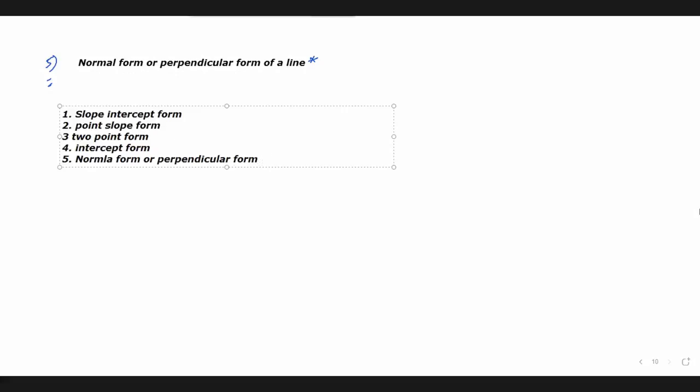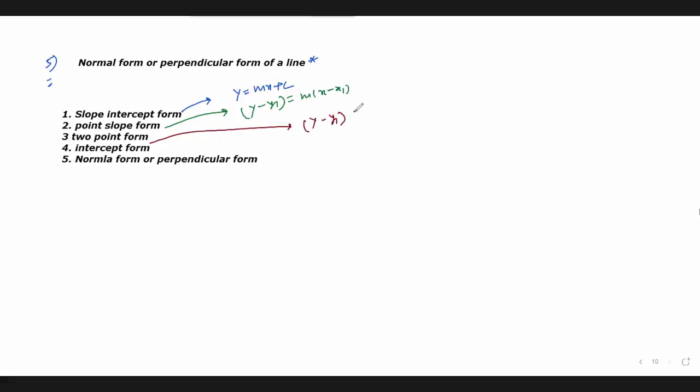Okay. So again, what is the slope intercept form? y equals mx plus c. Point slope form is y minus y1 equals m times x minus x1. Next, the 2-point form: y minus y1 equals (y2 minus y1) divided by (x2 minus x1) into (x minus x1).